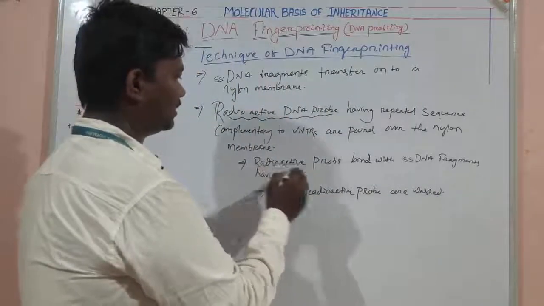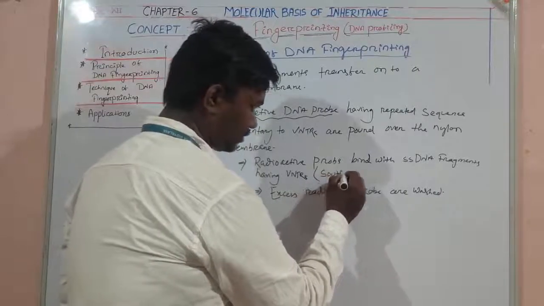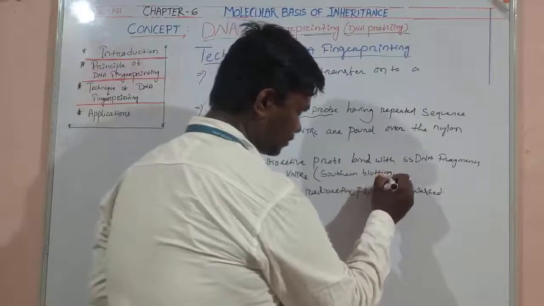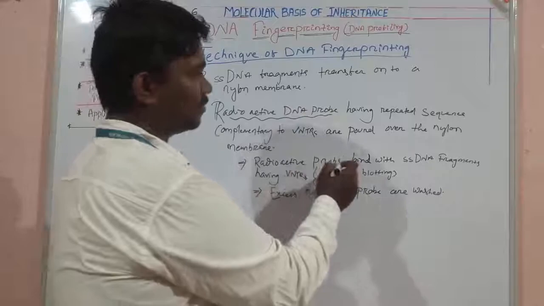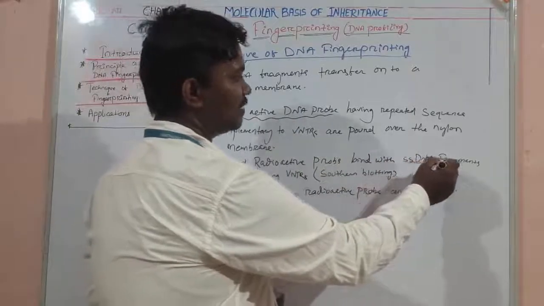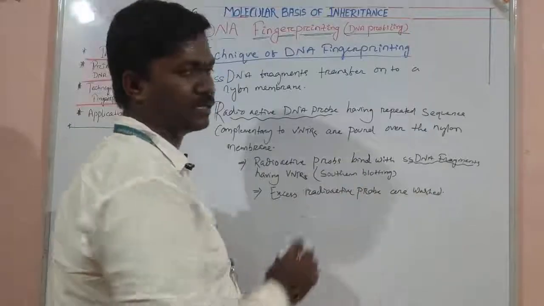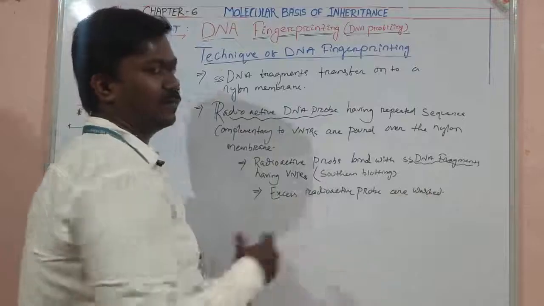This technique is also called Southern blotting. The hybridization of the radioactive probe with single-stranded DNA fragments having VNTRs is called Southern blotting. Got it?